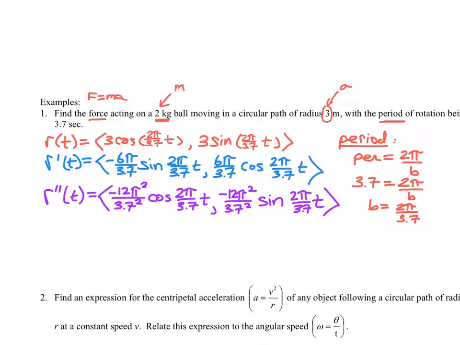All right, so that's pretty gross. This is my velocity vector, and this is my acceleration vector. So what I need is the magnitude of that. Now it looks like it'd be pretty much a beast, but it's actually going to clean up very, very nicely.